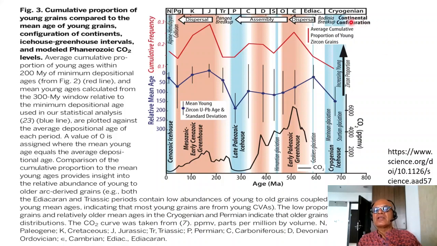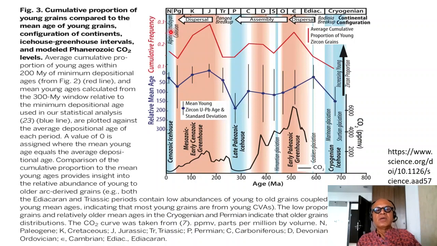We are looking at continental configurations in terms of Rodinia breakup, dispersal of plates, assembly again to have Pangea, then Pangea breaking up, and dispersal again, coming to the recent events of Alpine and Himalayan collisions.